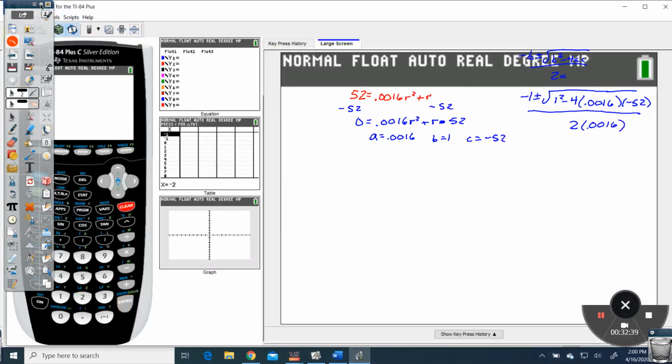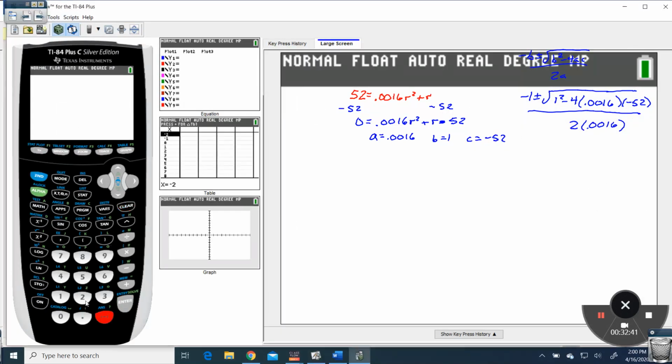Clear this off. So I go negative 1 plus second square root, 1 squared, which is still 1, minus 4 times 0.0016. Whoops, one too many zeros in there. So I delete one out. Times negative 52.